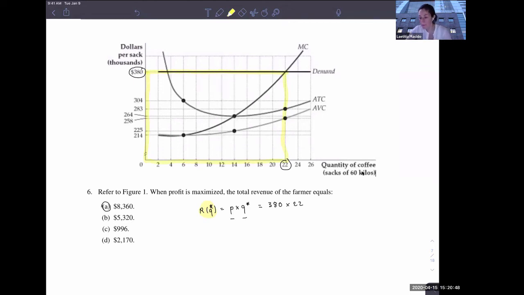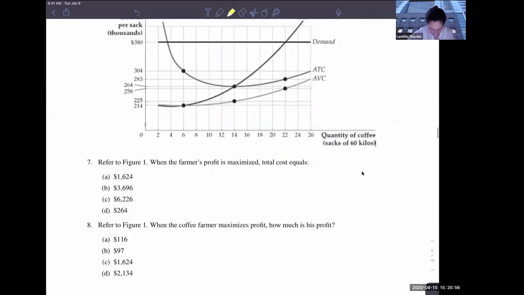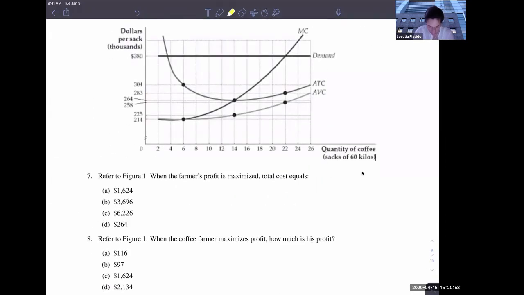Question on this? Right. Okay, so now let's move to question 7. When the farmer's profit is maximized, total cost equals. All right. So again, we are going to look at what happens when profit is maximized.